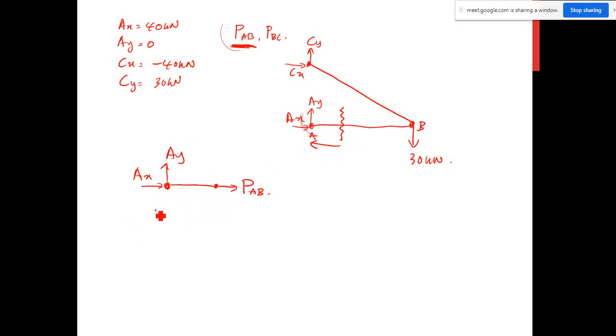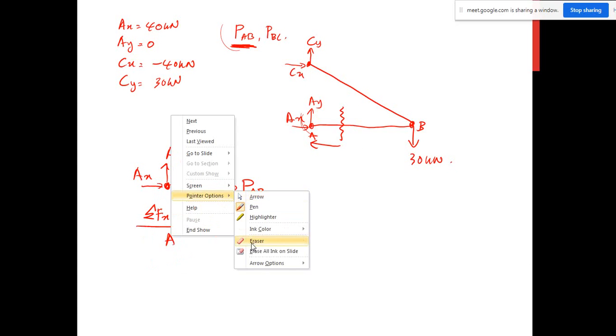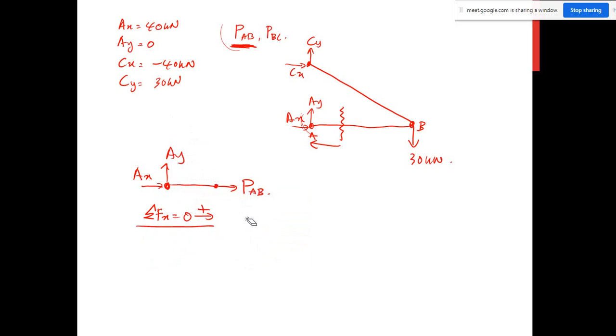If you do the summation of Fx equal to 0, you'll get PAB is equal to minus AX. So PAB is equal to minus 40 kilonewton. So PAB actually is in compression.